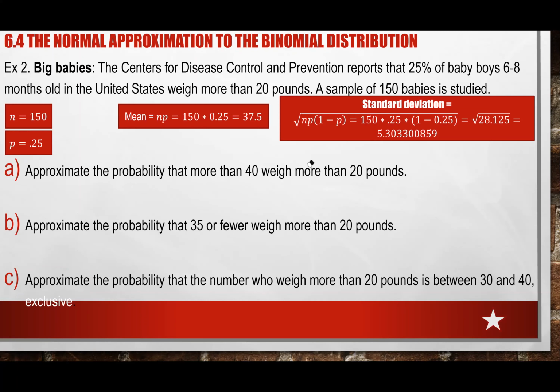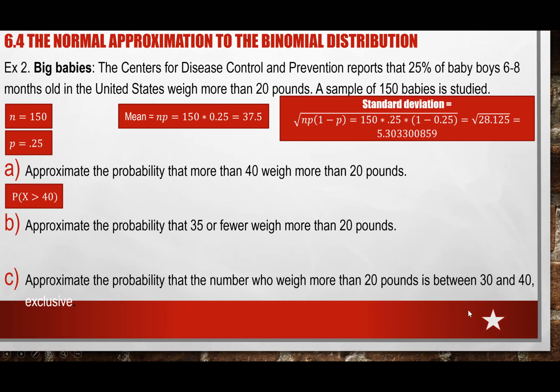They ask you to approximate the probability that it is more than 40. What does more than 40 mean? Do you agree that more than 40 means the numbers on your right-hand side, right? Anything on the right is more than 40, so they ask you to find the probability of X greater than 40.